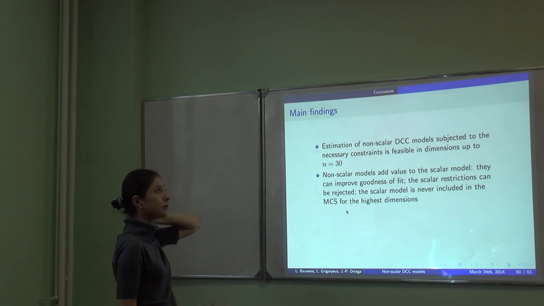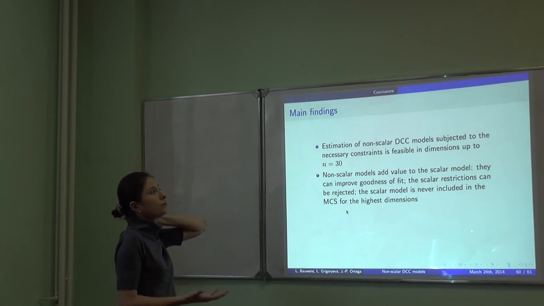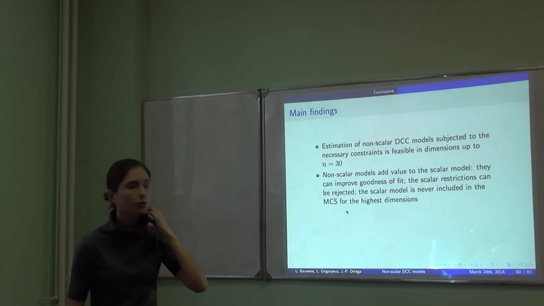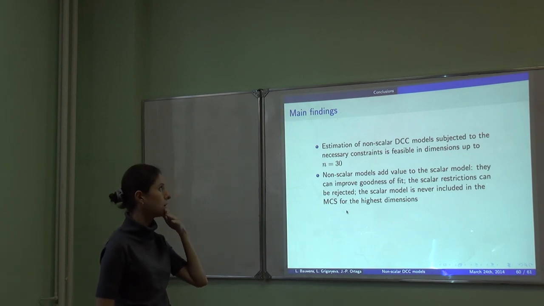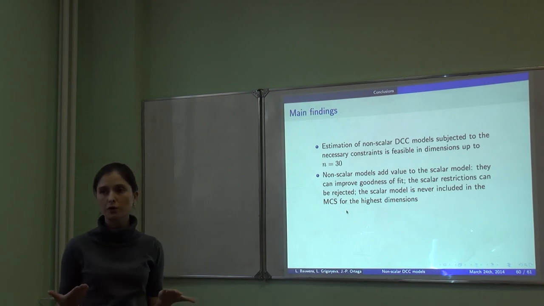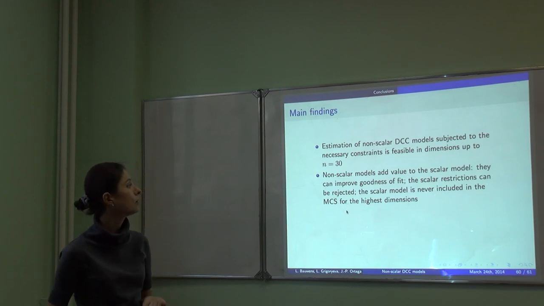We draw the conclusion that non-scalar DCC models, subject to all these constraints that I showed you, are feasible to tackle in dimensions up to 30, and even more. We tried 40, I think, at most. One has to be extremely careful with the data set, and what model to use. But having these tools, you can select any model you want, which is performing better, and use that kind of model, but not just the scalar one, the most silly one among them.